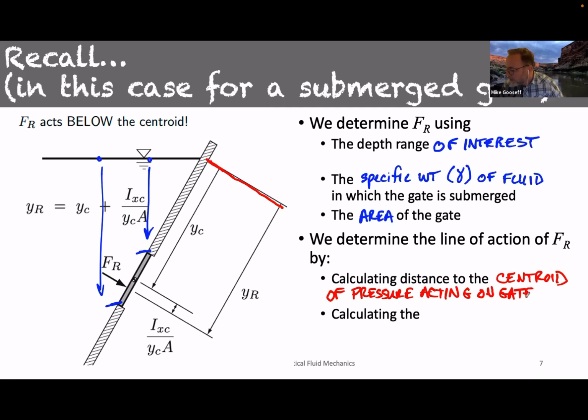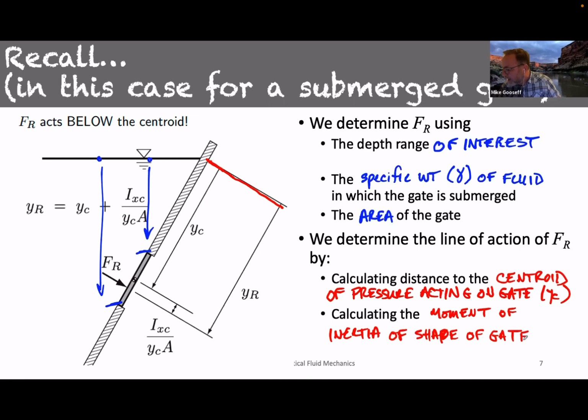And remember, we called this Y sub C. And then we also want to calculate the moment of inertia of the shape of the gate, dependent on the shape of the gate. And in this case, that's going to be I XC, okay?